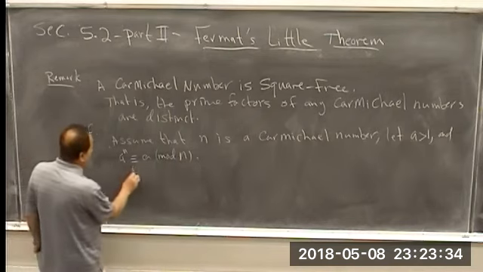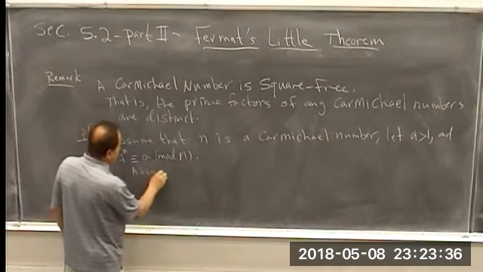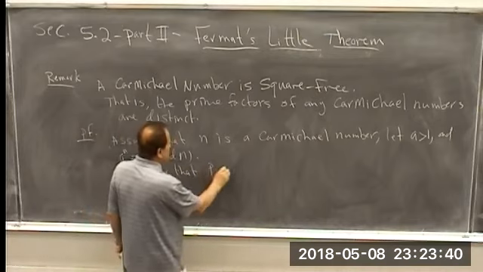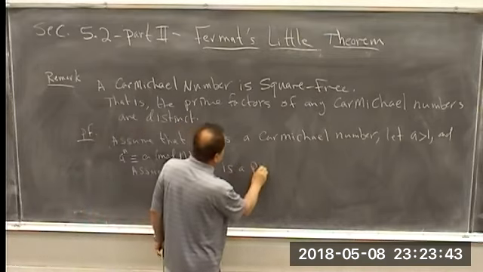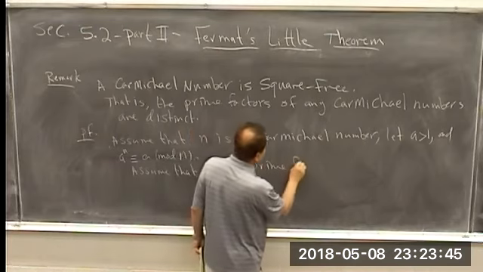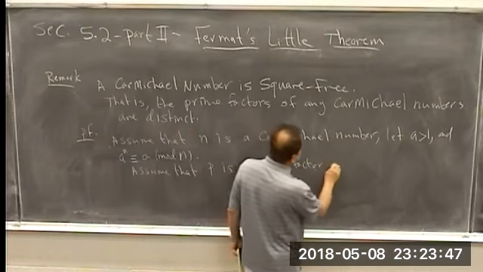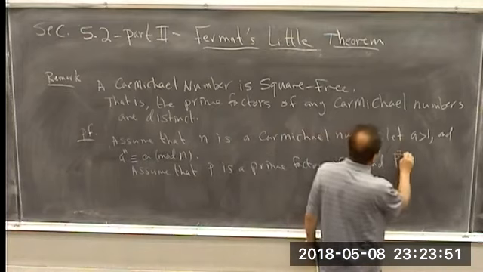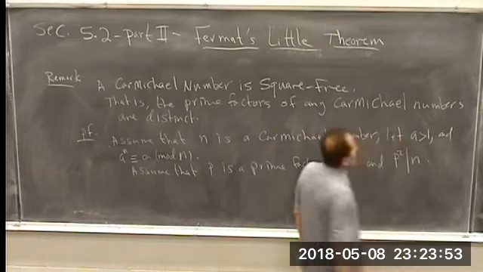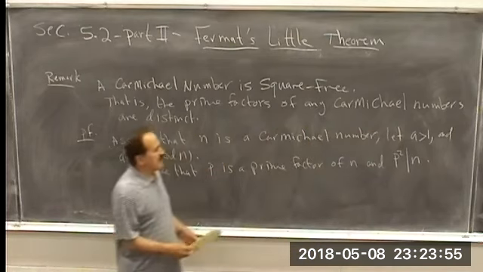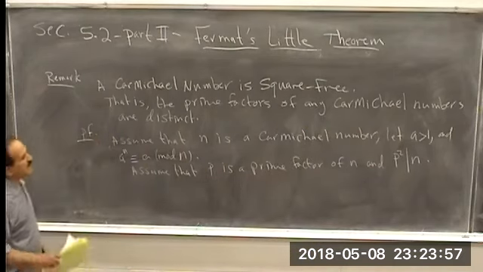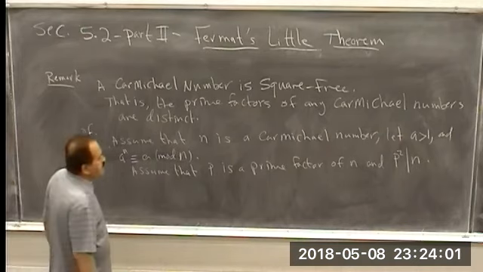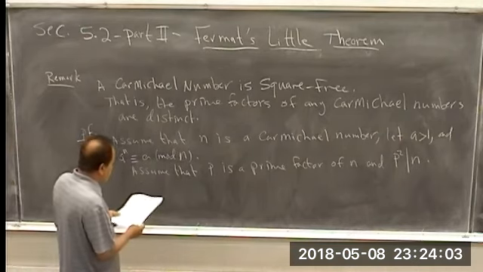So we're going to assume that P is a prime factor of N, and P squared divides N, which means the prime appears at least twice in the prime factorization of N.